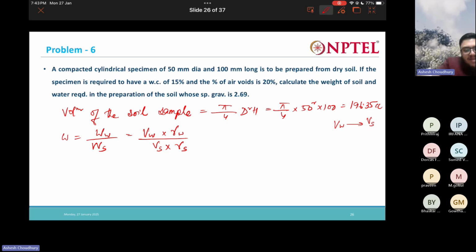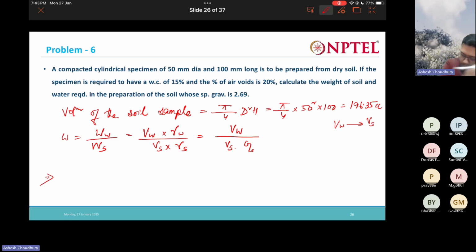Weight of solid is nothing but the volume of solids times the unit weight of solid. Now volume of water divided by volume of solids times G we can write, because gamma S by gamma W is nothing but GS, the specific gravity of soil solids. That's why you can write it like that.